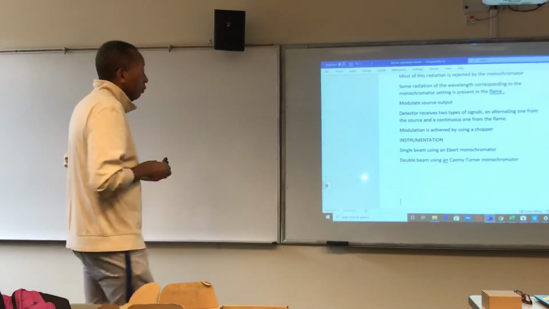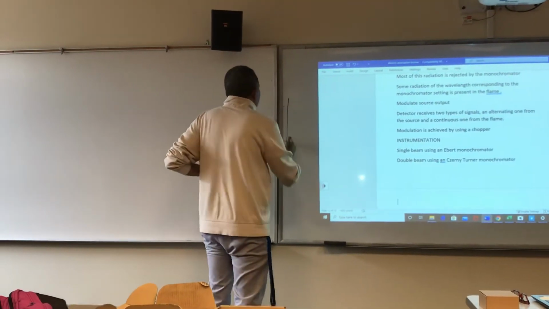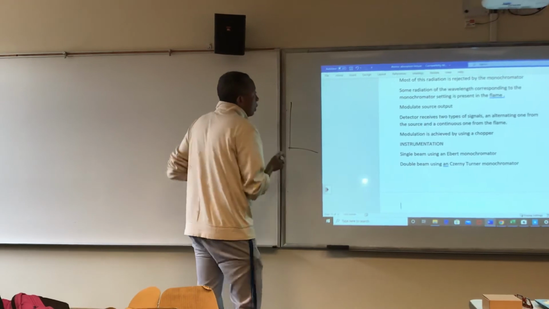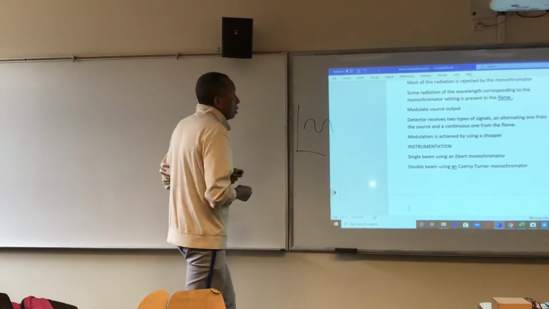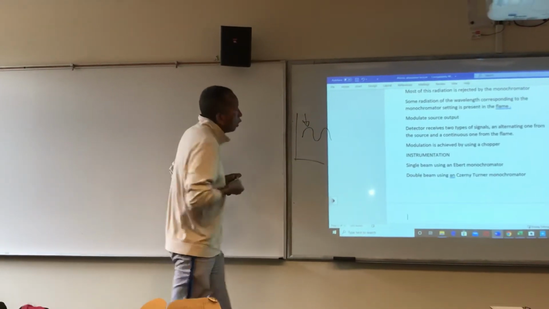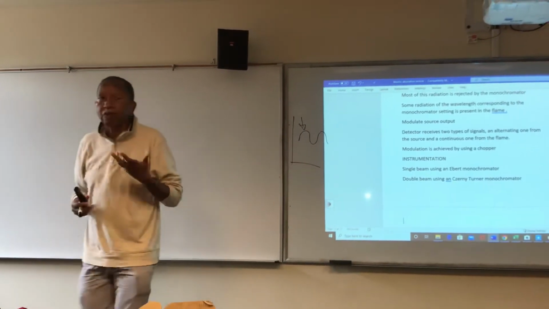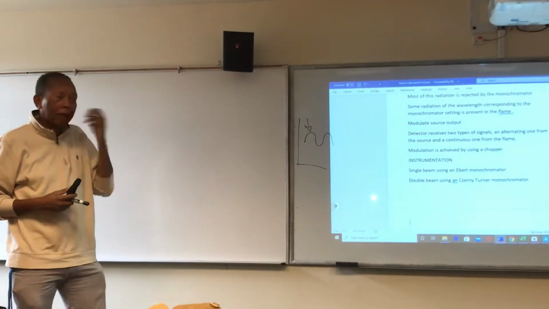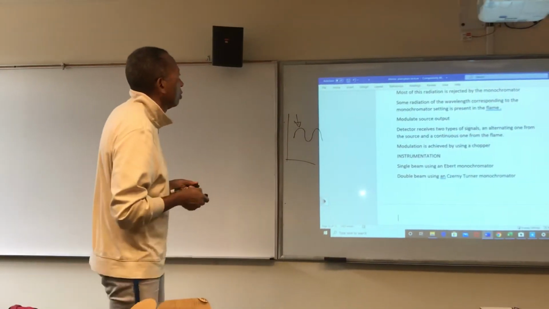Then we have what is called a lock-in amplifier, and it locks into this frequency and only amplifies that frequency and ignores everything else. So it really is an easy way to tidy up everything else.